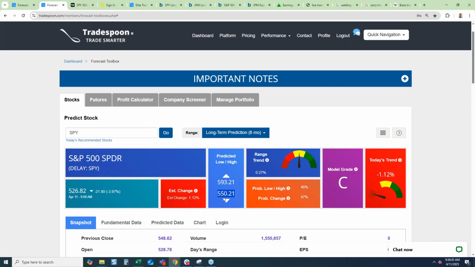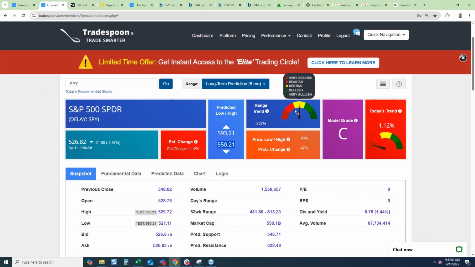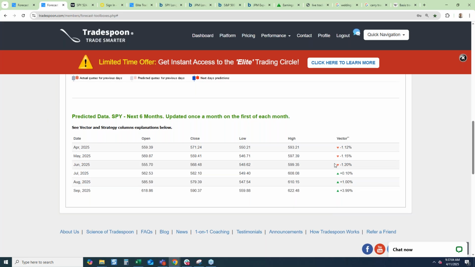But irrelevant, what the model is basically telling you is that what used to be a support on April 1st is now overhead resistance. So the market is going to have a hard time breaking through the 550 level in the month of April. And obviously, even going into Liberation Day, it was already neutral. So the long-term trend has now basically turned negative.